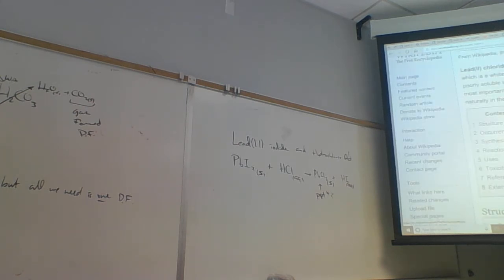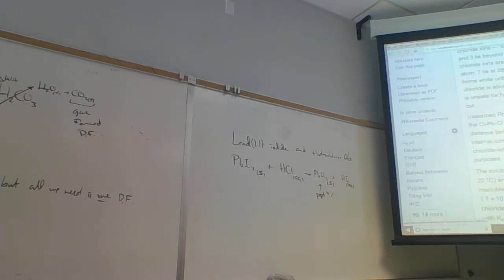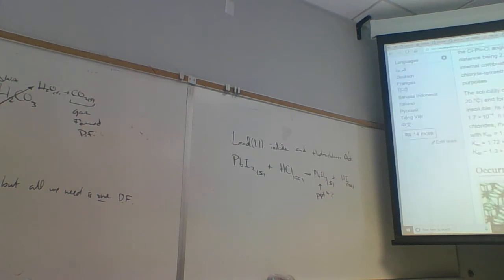Well, lead-2 chloride is white. Lead-2 iodide is yellow. These are the white crystals of lead-2 chloride. And we look for the melting point, 501 degrees C. Well, lead-2 chloride has a higher melting point, therefore you expect it to have a stronger lattice or weaker lattice?